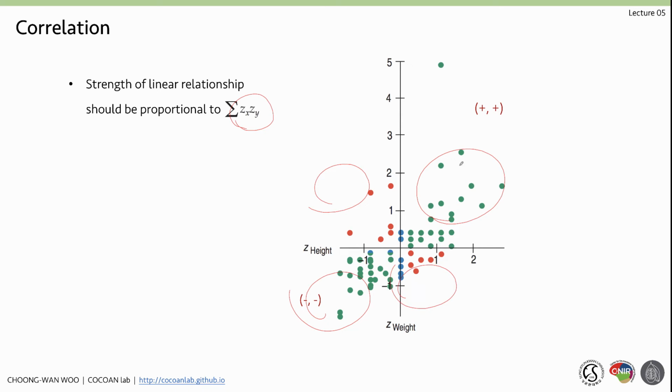So if the dots have the same sign, positive or both negative, it should have a larger value. So this can perfectly tell us the strength of a linear relationship.